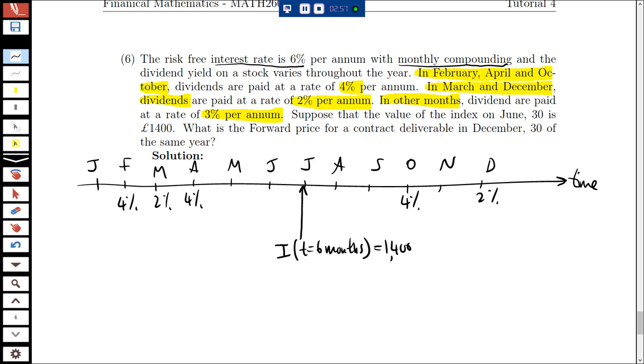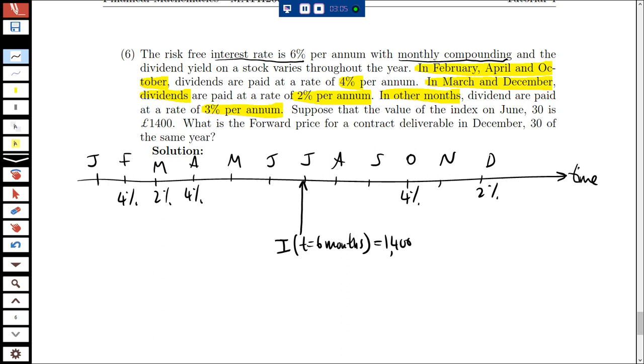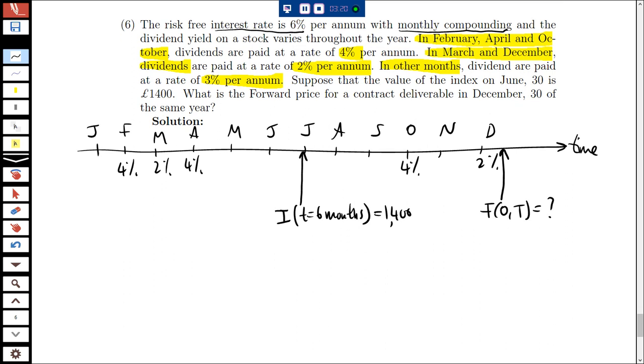That's the underlying asset. What is the forward price for a contract deliverable around here? So we want to know the theoretical forward price for this underlying asset, which I'm calling I for index, in the same year.